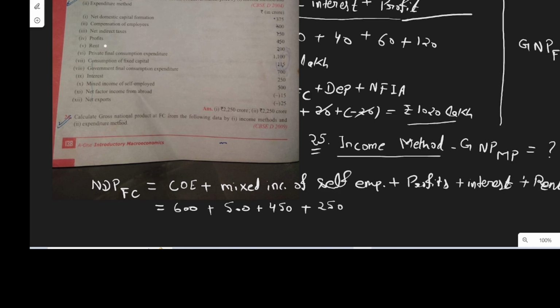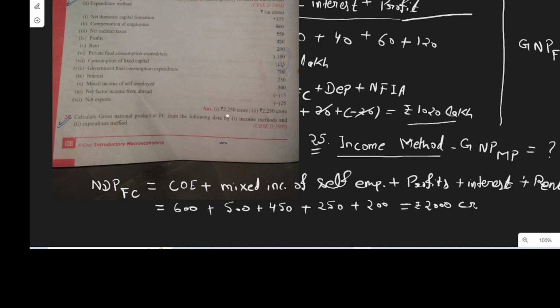And rent is 200. That's it. So all are to be added: 600, 500, 450, 250, 200, that makes 2000. Unit is crore, so 2000 crore rupees is NDPFC.